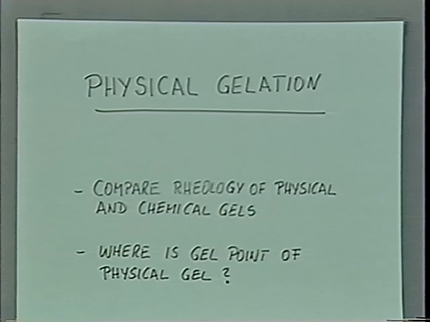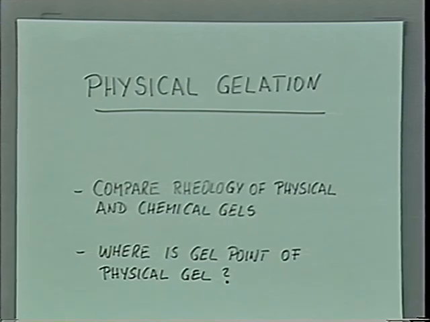In a chemical gel, you always can say the material before the gel point can be dissolved, and the material beyond the gel point is a gel. It cannot be dissolved anymore. It's just the big molecular clusters are permanent. In a physical gel, the connection between molecules is due to some physical interaction, and a solvent will dissolve that interaction. So the physical gel can be dissolved before the gel point and after the gel point.